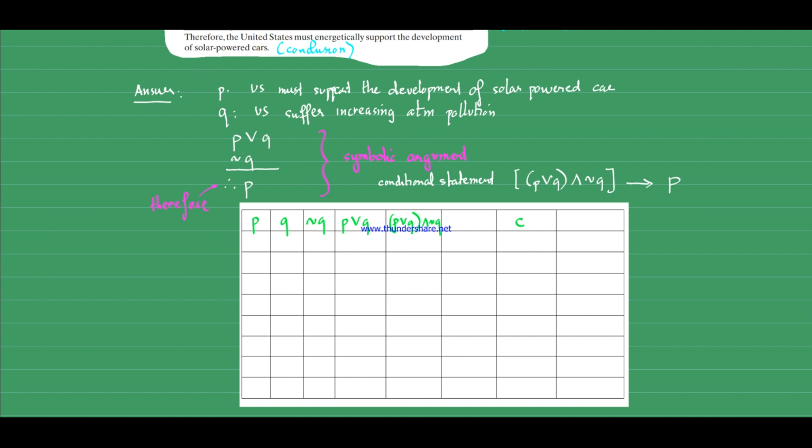Okay, so let's get started on the truth table. This one will be true, true, true, false. We want to negate Q, so it becomes false, true. Then you find the union, the or.